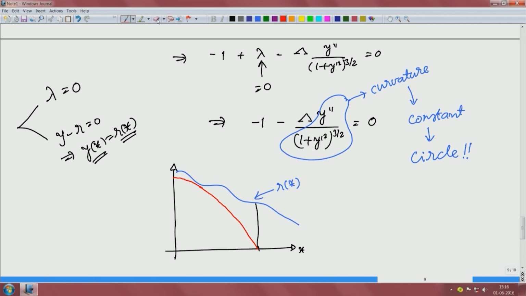Instead, if your problem comes out in such a way that, let me change the river profile a little bit to make our point, let us say the river profile I do like this. All right. Then let me erase what I have chosen earlier.